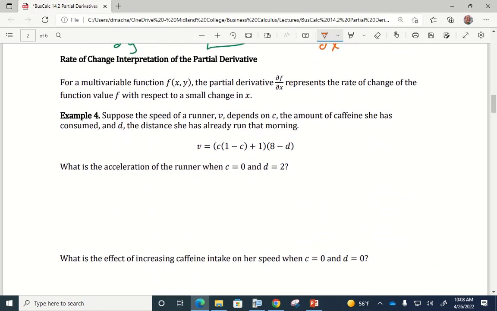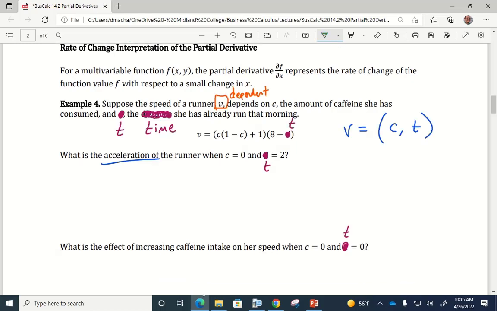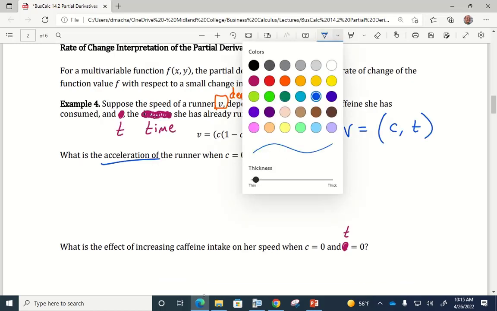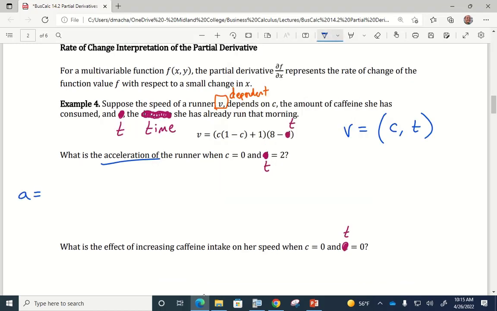So just like regular derivatives, single derivatives of single variable functions, we interpreted those as rates of change of something over time. Same idea with the partial derivative. Whenever we talk about acceleration, acceleration is the change in velocity with respect to time.